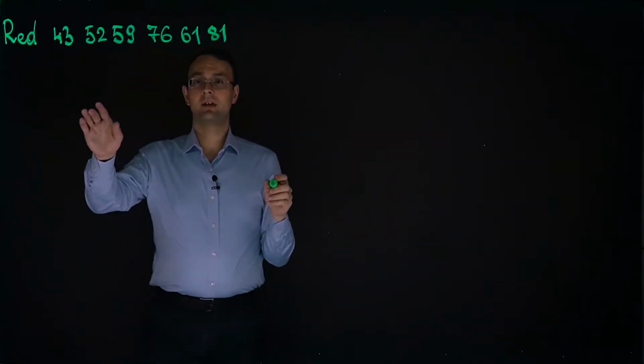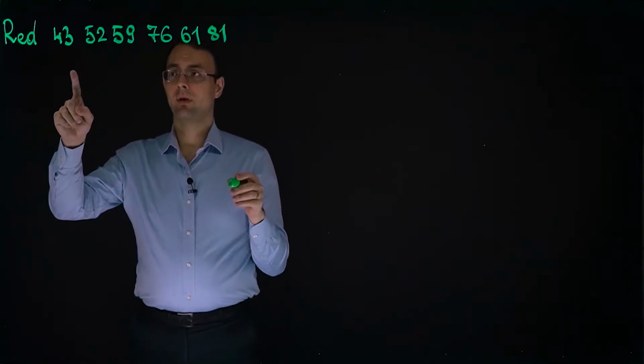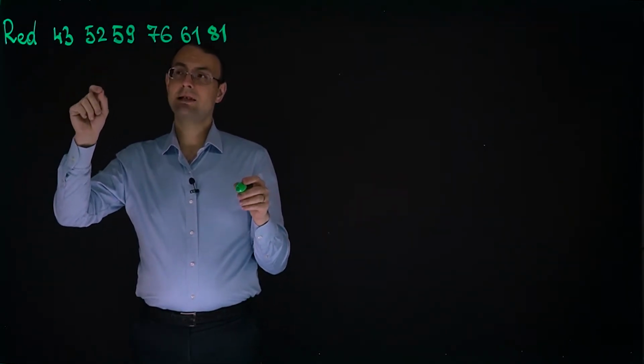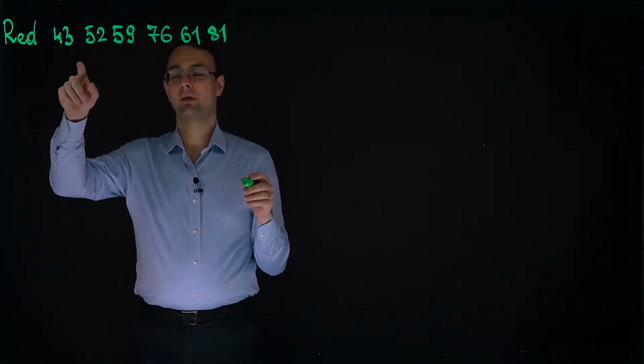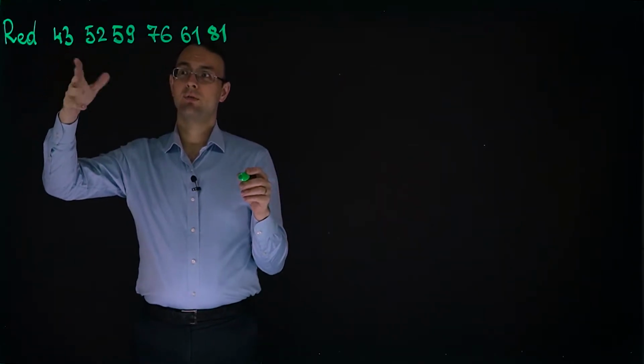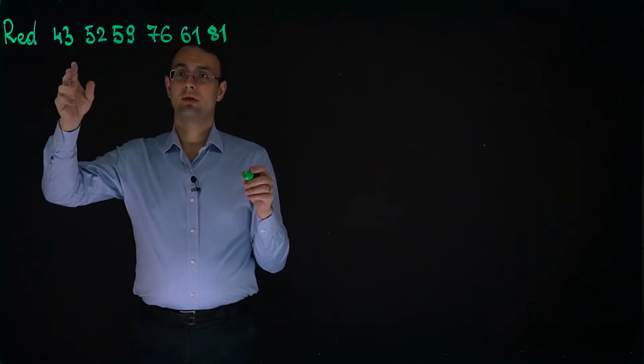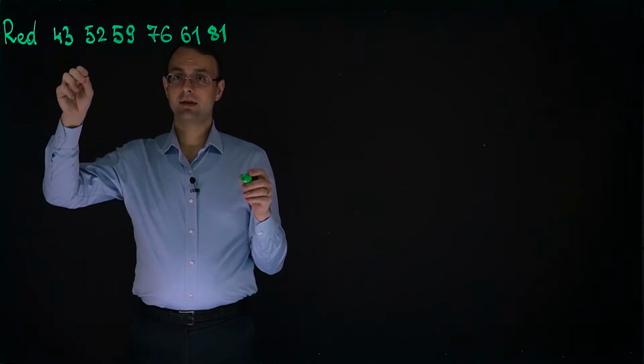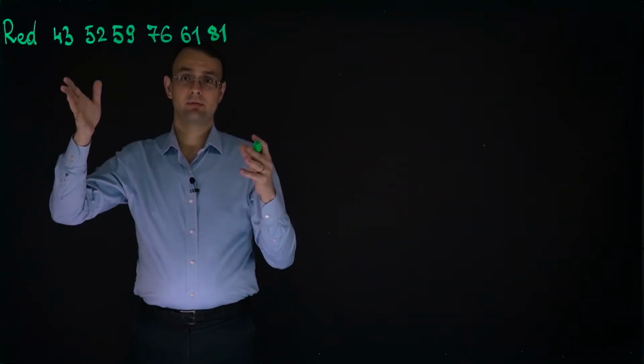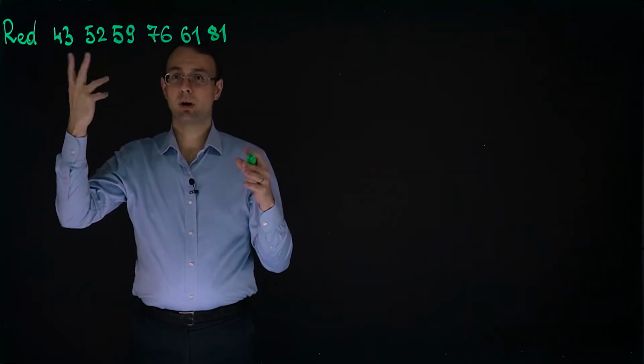So these are numbers of sold cans in tens of cans. So 43 means 430. So number of sold cans during a given period, like, I don't know, 1 week or 1 month.